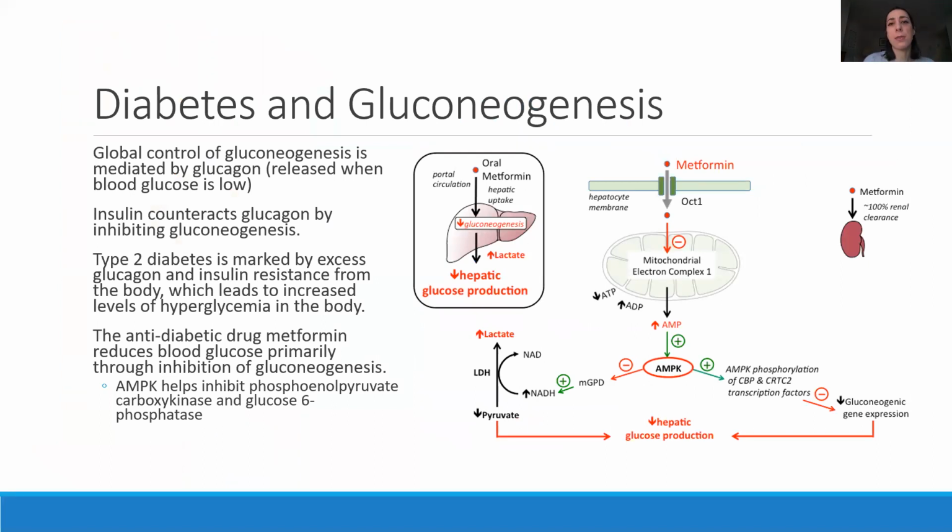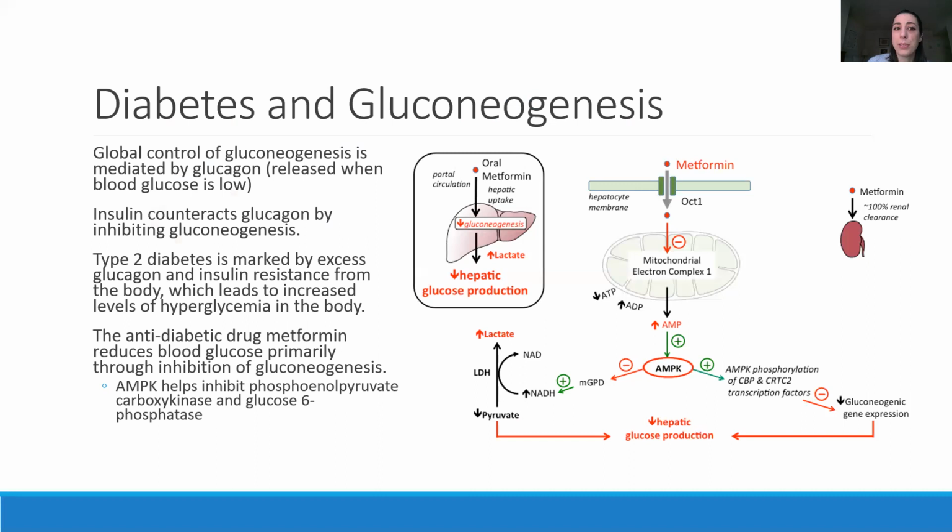So let's talk about a relation of gluconeogenesis to disease and human health. Remember that the control of gluconeogenesis is going to be mediated by this peptide called glucagon. Glucagon is a hormone peptide. Its inverse hormone peptide is insulin.